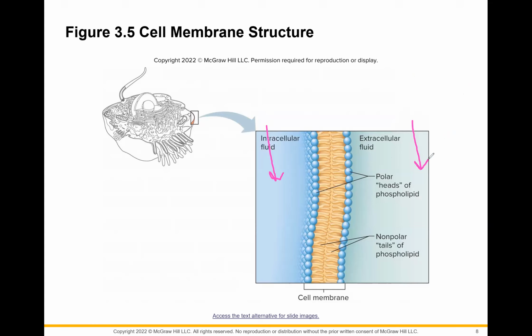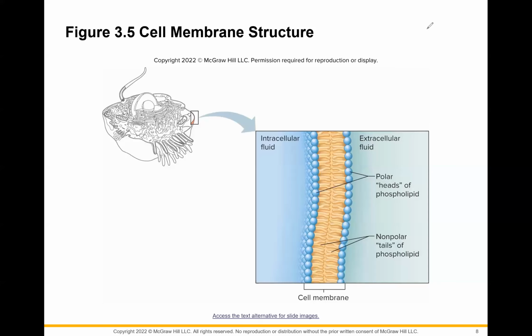And it's maintained as an inside and outside because of this cell membrane. This cell membrane is made up of, again, these polar or hydrophilic heads that want to interact with water. And then in the middle are these non-polar hydrophobic tails. And again, the tails do not want to interact with water.